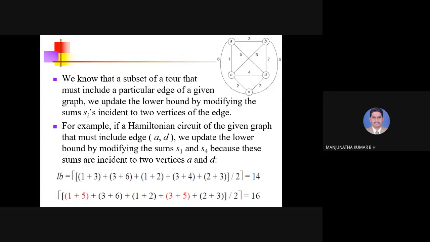Okay, fine. Now for city B, no problem. For city B the nearest distances are 3 and 6. It remains as 3 plus 6. City C, no problem, it remains as 1 plus 2.